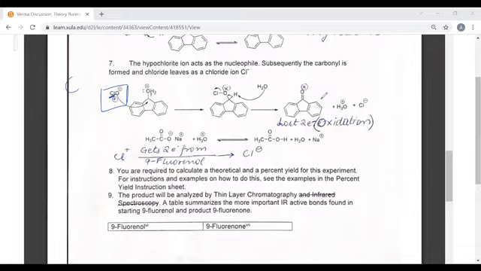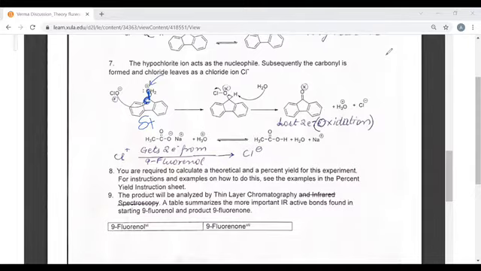Remember, the chlorine is positive, but the nucleophile is electron-rich. And hence, this nucleophile will attack your carbon. This is your electrophilic carbon. Why? Look at this polar bond between carbon and oxygen.